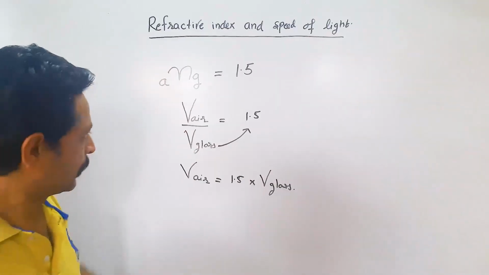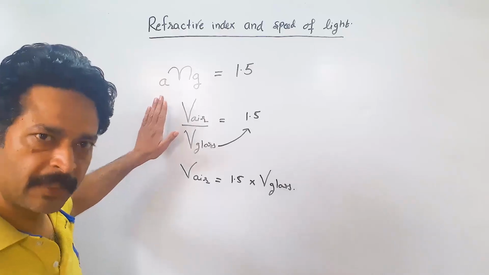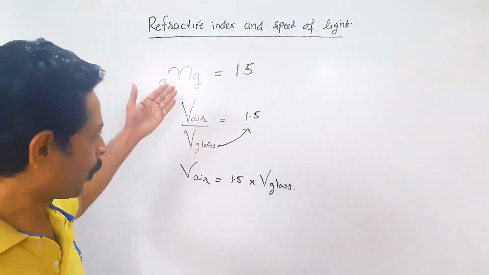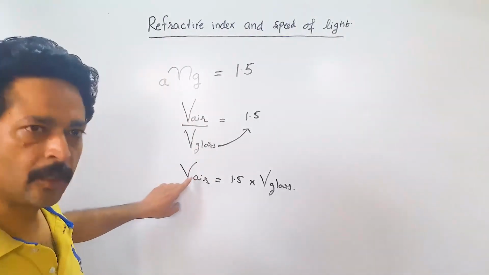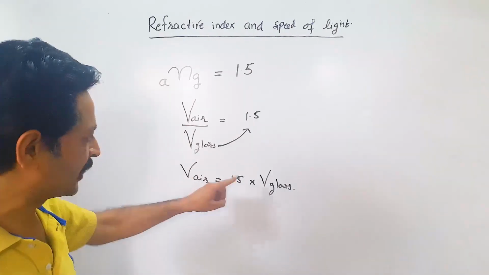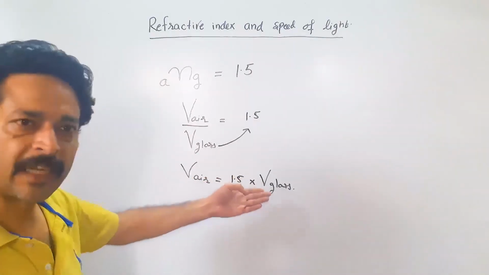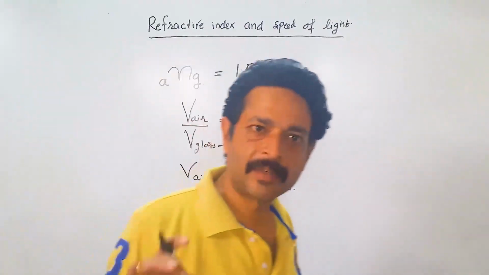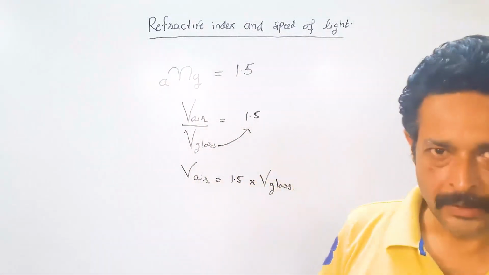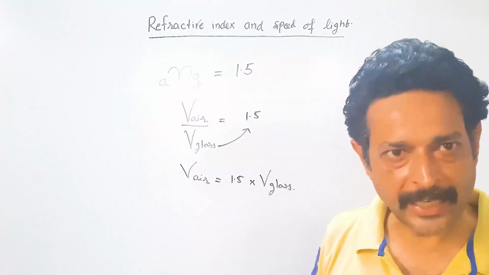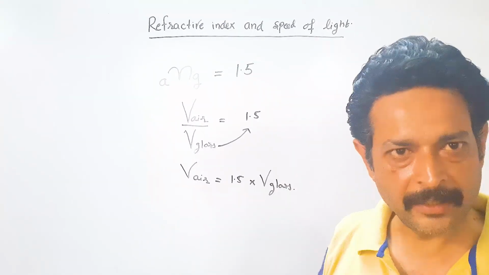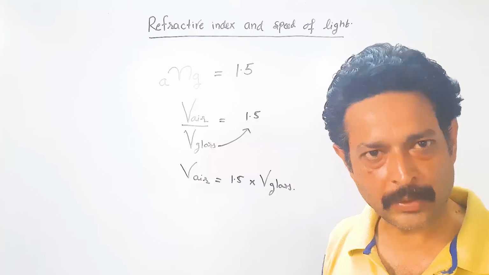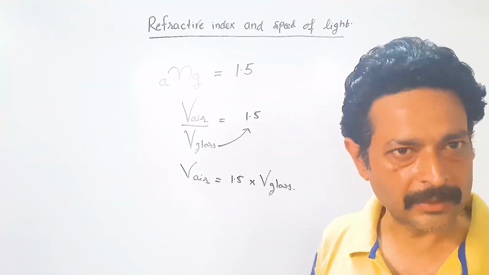Remember this: the refractive index of any medium represents how fast the speed of light in air is as compared to the speed of light in that medium. If the refractive index of glass is 1.5, this 1.5 represents that the speed of light in air is 1.5 times the speed of light in glass.